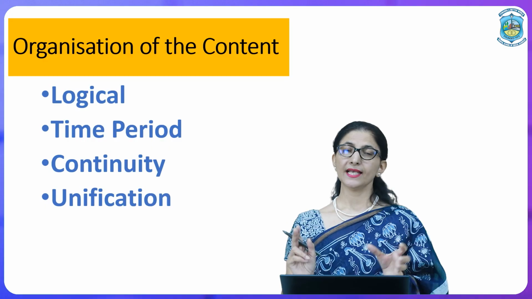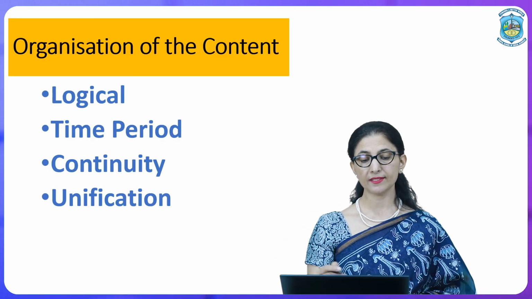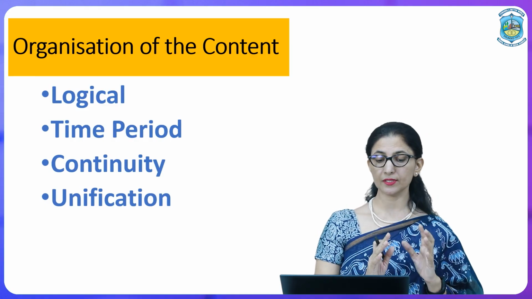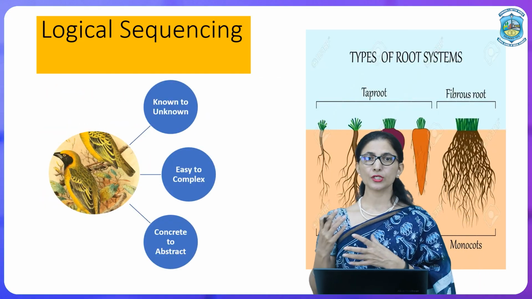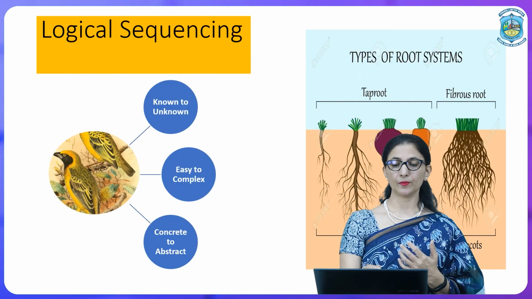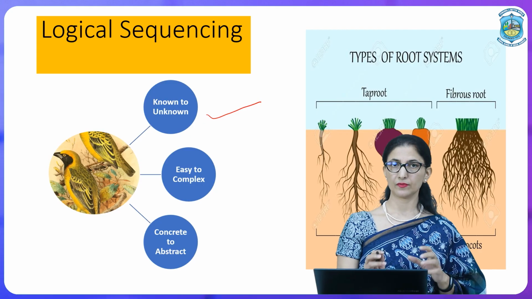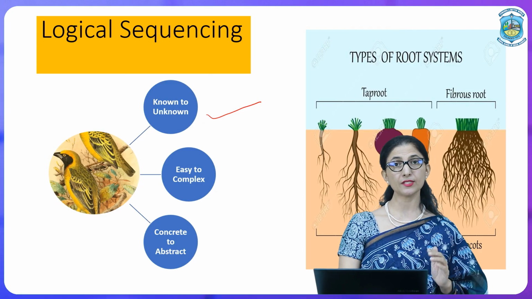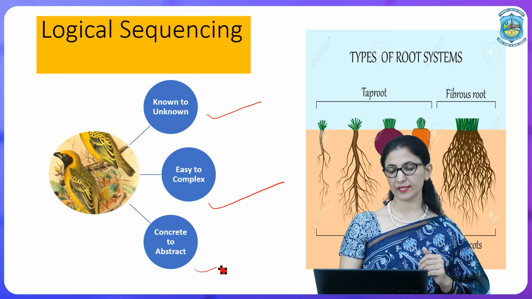Now, organization of the content. We can organize it in a logical manner, considering the time period, continuity and unification concept. When we talk about logical sequencing, we can go from known to unknown facts. The curriculum should be arranged from easy to complex, or from concrete to abstract.